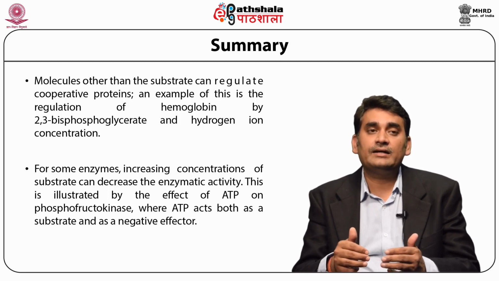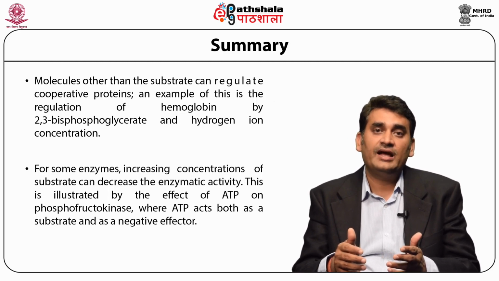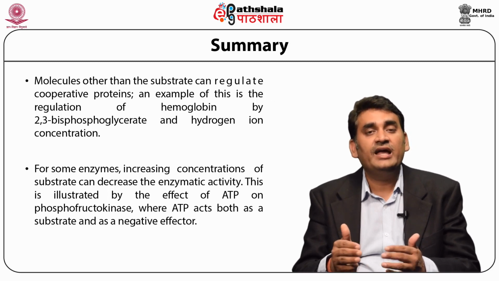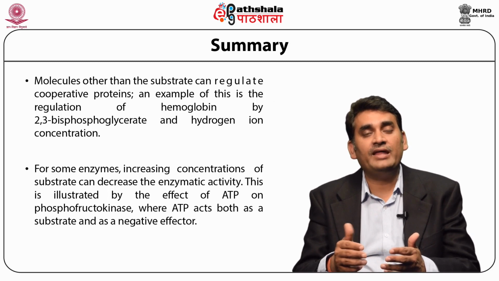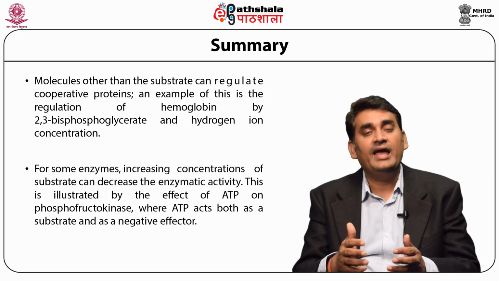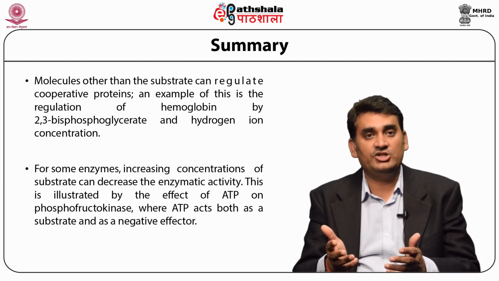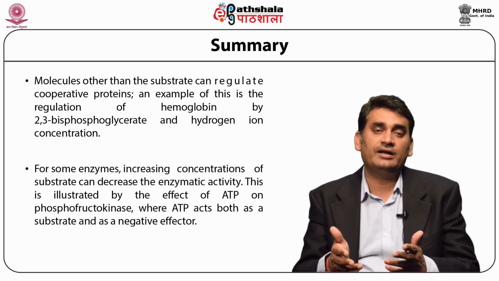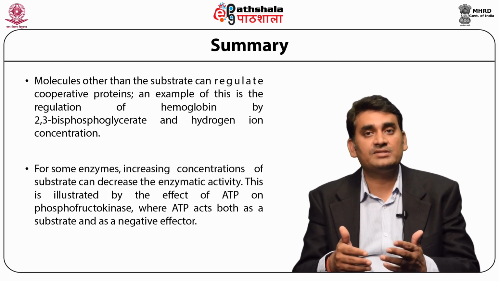For example, 2,3-bisphosphoglycerate, which is a byproduct of glycolysis produced in a shunt, can bind to hemoglobin and decrease the affinity of oxygen for hemoglobin, and then facilitates the release of oxygen in tissues. It is neither a substrate nor an inhibitor molecule, but some other molecule which facilitates the release of oxygen from hemoglobin.